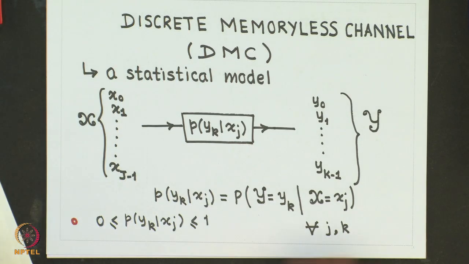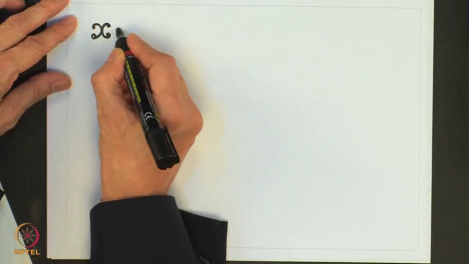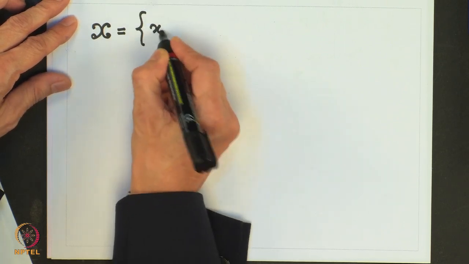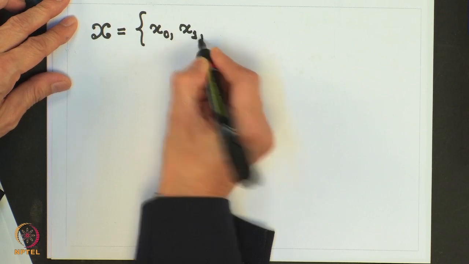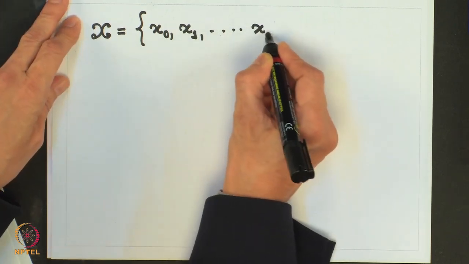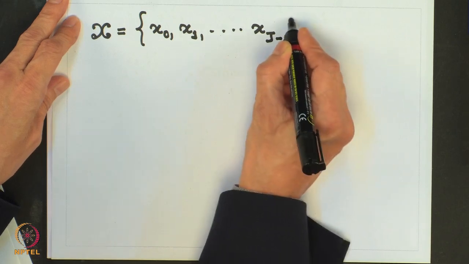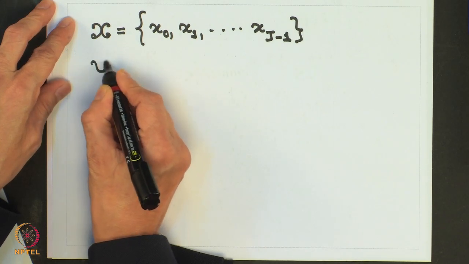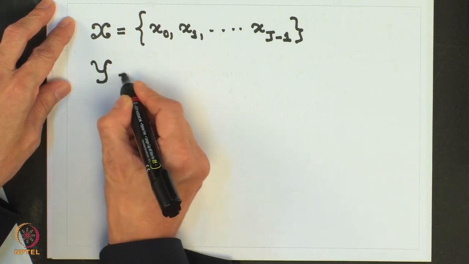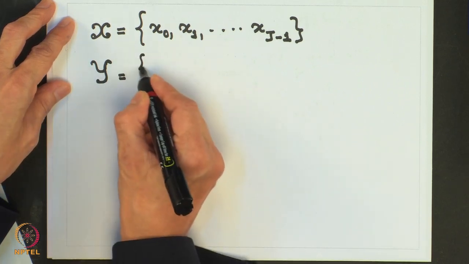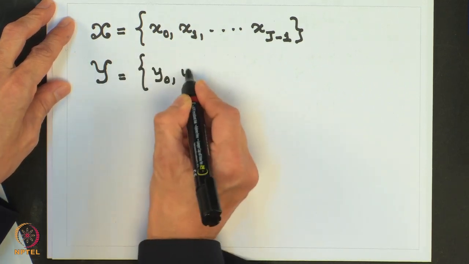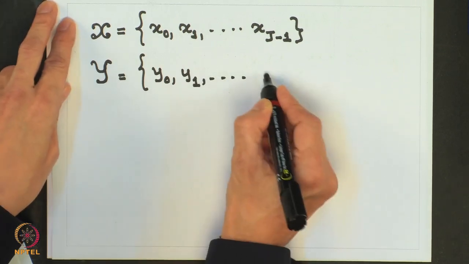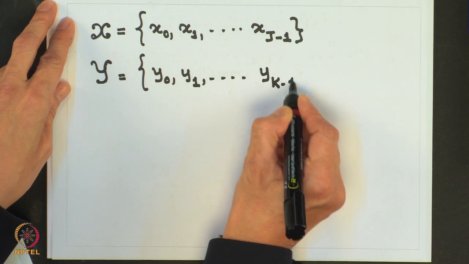So, we see that we have an input alphabet which I call curly X, composed of symbols. The cardinality of this alphabet is J, that means there are J symbols, and we have the output alphabet which I call curly Y, composed of y0, y1 up to y_(K-1).